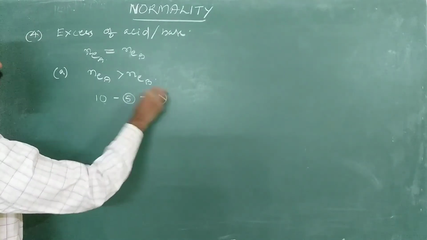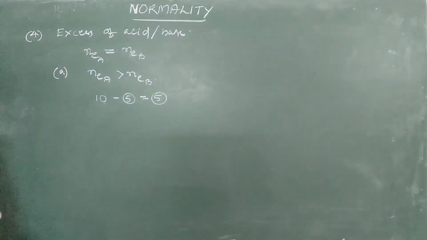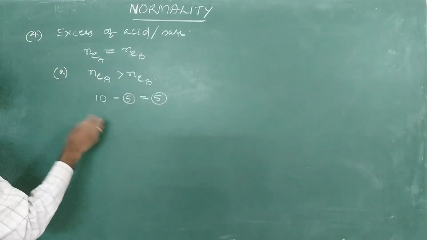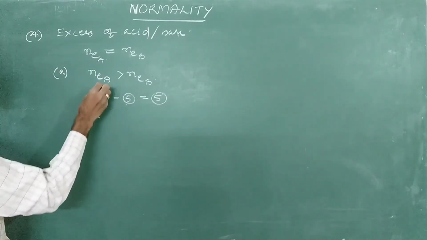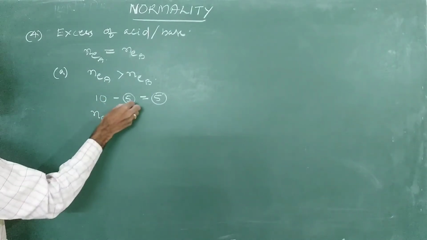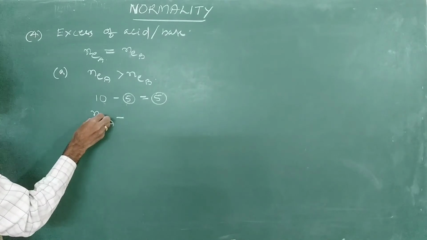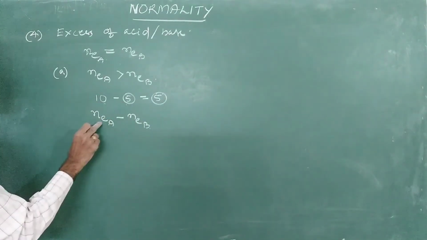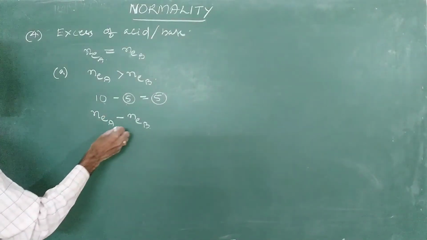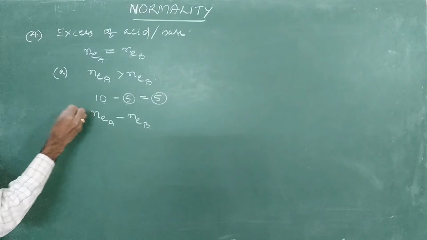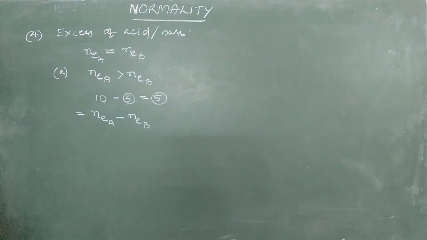So 5 equivalents of acid will be left. In this case we have to subtract number of equivalents of base from acid. This is acid equivalents, this is base equivalents; this minus this will give the difference in number of equivalents, that is nothing but excess of equivalents of acid that is left.